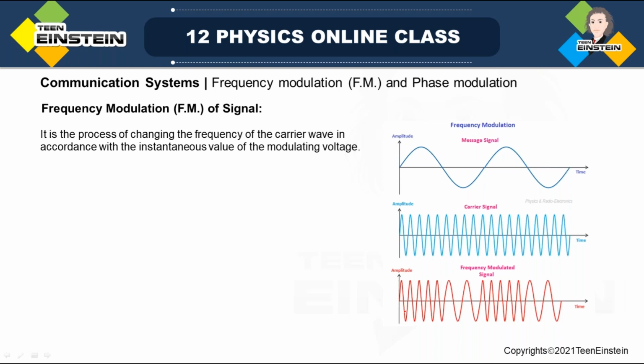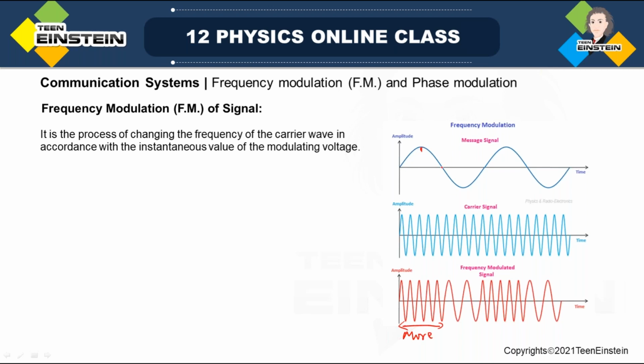So this is actually the modulated carrier wave, that means the modified carrier wave. The frequency of the modulated carrier wave increases as the modulating amplitude is increasing. Look up to here, you will have more frequency. Look up to here, more frequency.